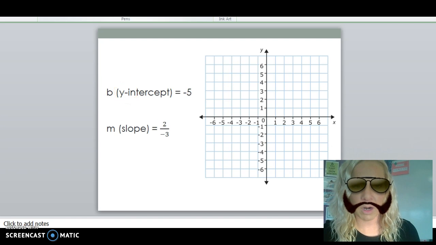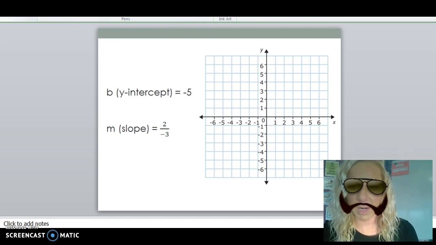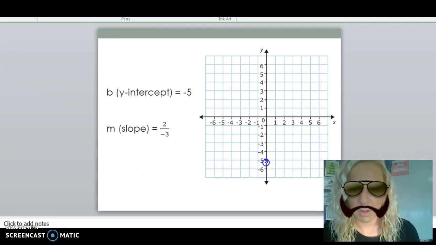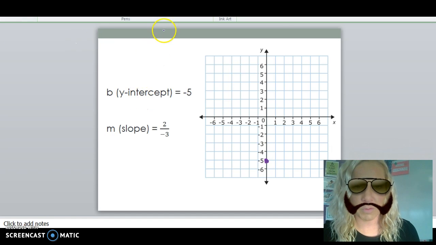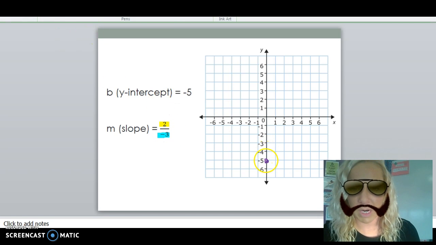In this problem here, our y-intercept is negative 5, so I'm going to graph my point at negative 5. And I'm going to use rise over run. In this case, I'm going to rise positive 2. Because my run is negative 3, I have to go in the negative direction.